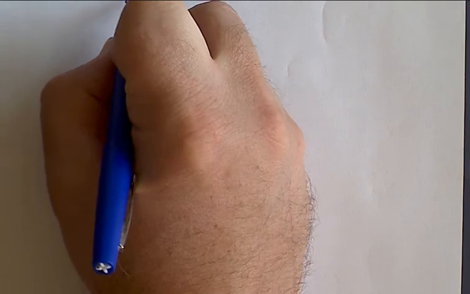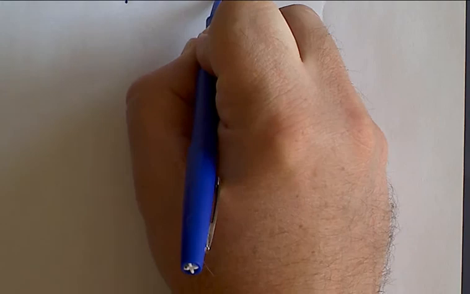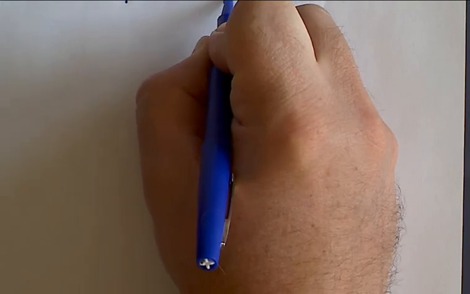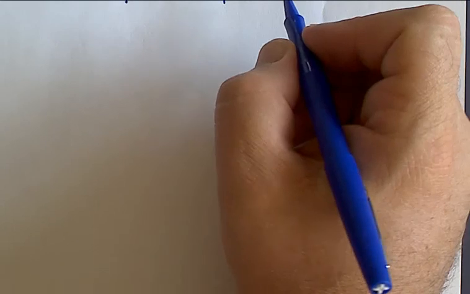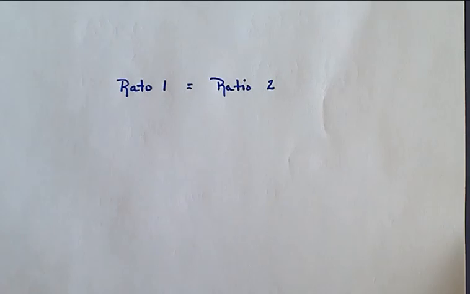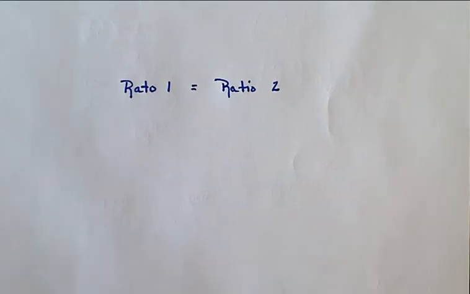So when they're equal, here's ratio number 1, here's ratio number 2. It gives us a tool which we can use to find missing components from either ratio. Okay, so there's what a proportion looks like.